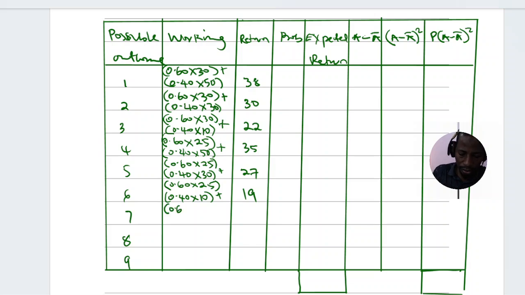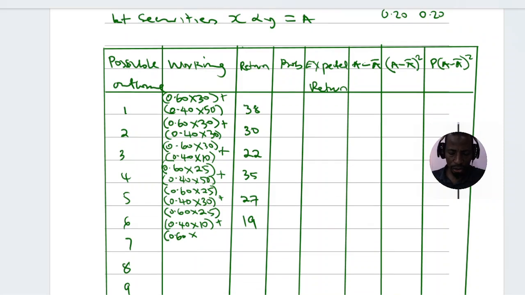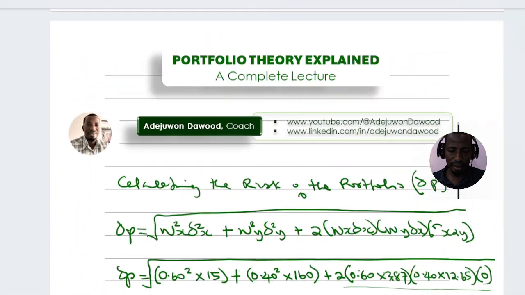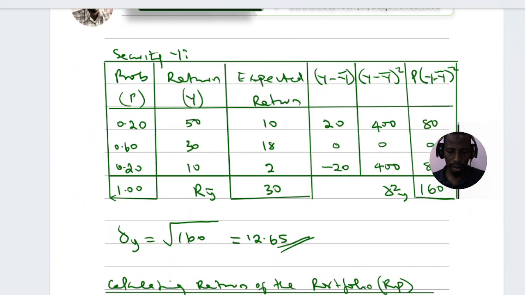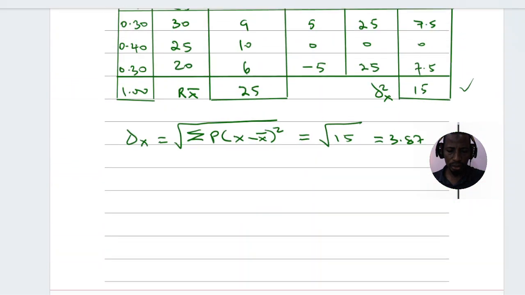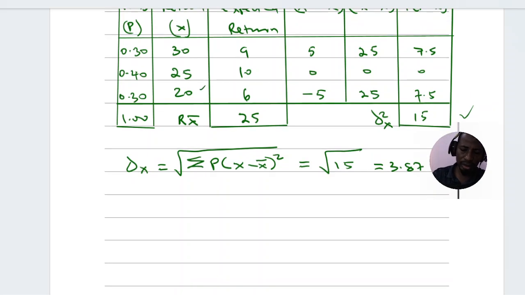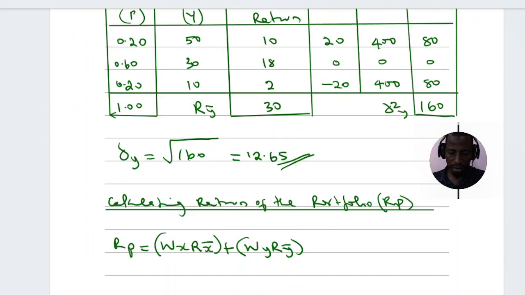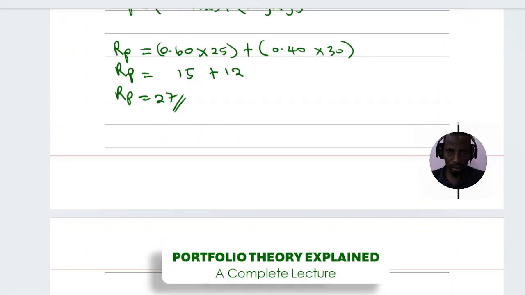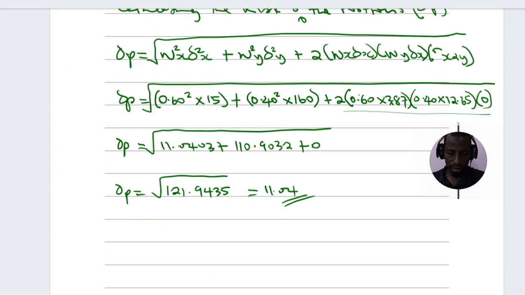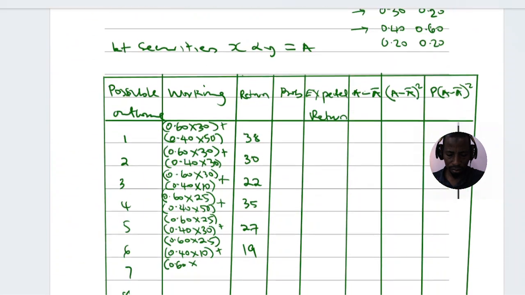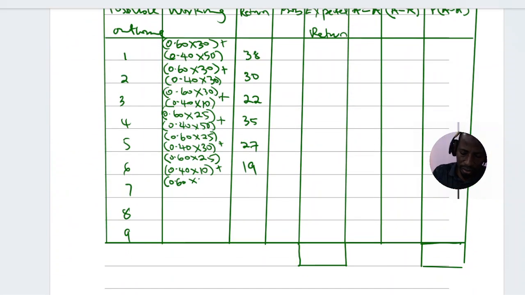Again, 0.60 multiplied by the third return of security X, which is 20. Okay, that's the 20 here. Therefore, 0.6 multiplied by 20 plus 0.4 multiplied by 50.